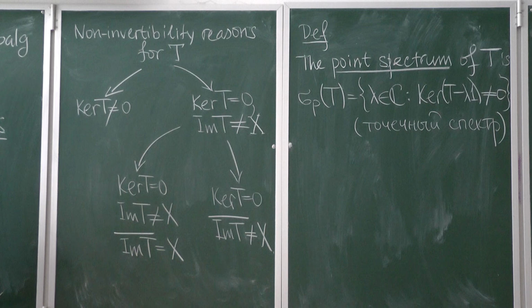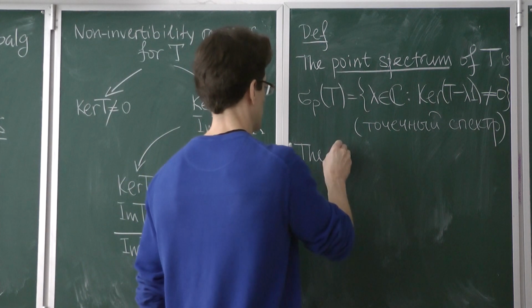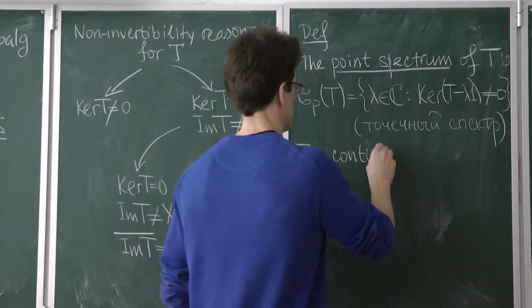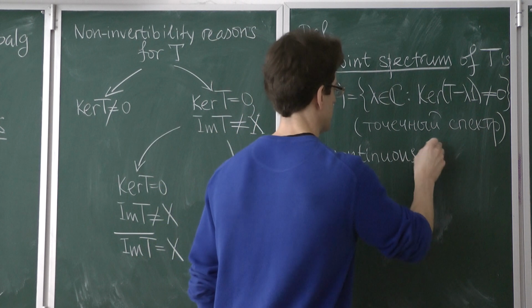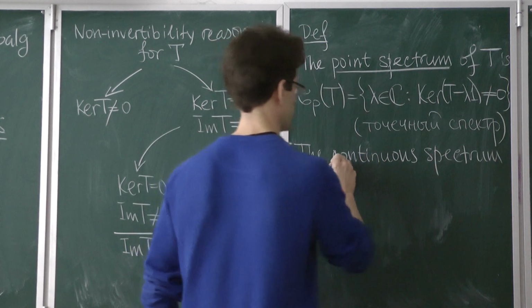The second part is called the continuous spectrum, in Russian непрерывный спектр.